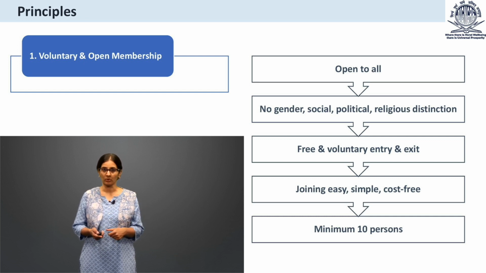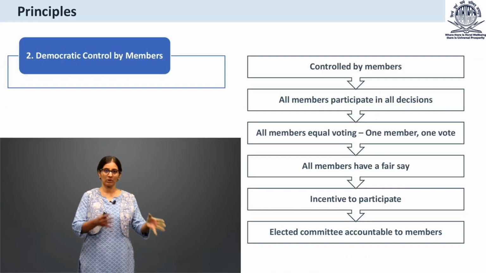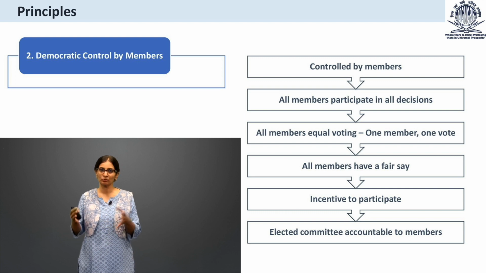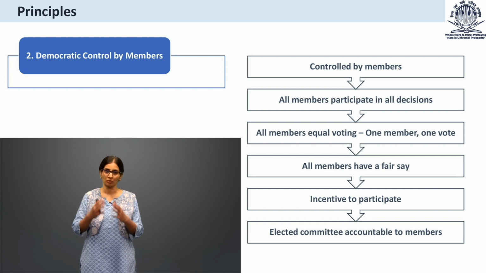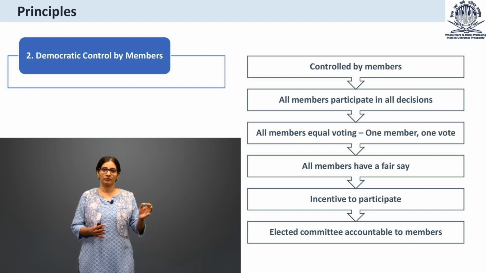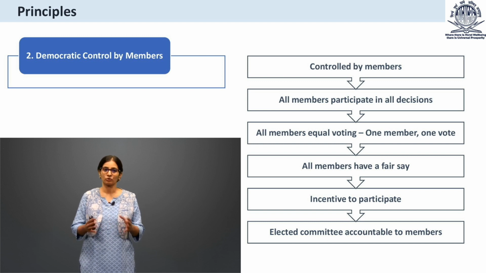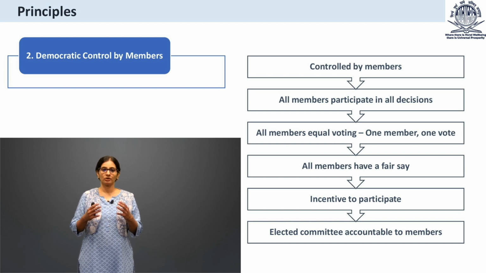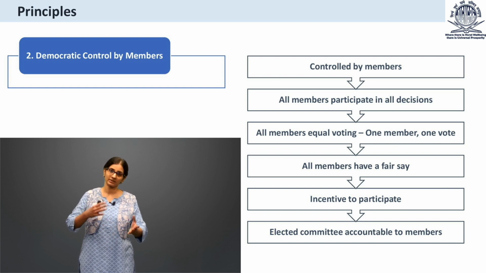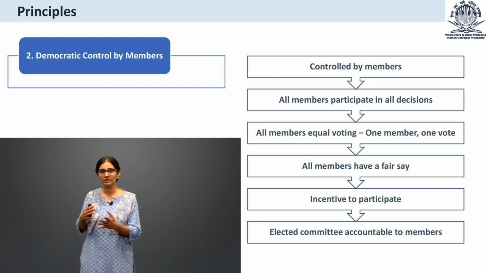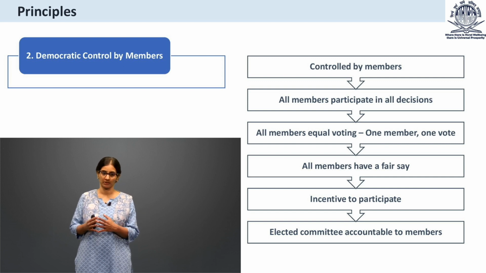That's principle number 1. Principle number 2, democratic control by members. So now we have a set of members who have come together and formed a cooperative. We are talking now of democratic control, which means that cooperatives are controlled by their members who participate actively in all the decisions pertaining to the cooperative.